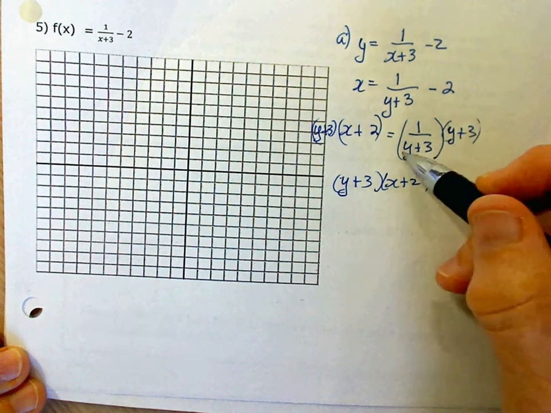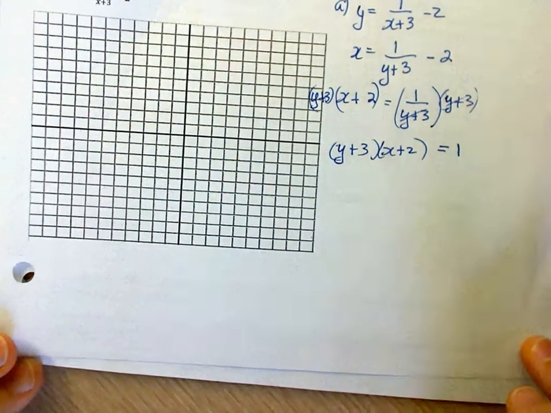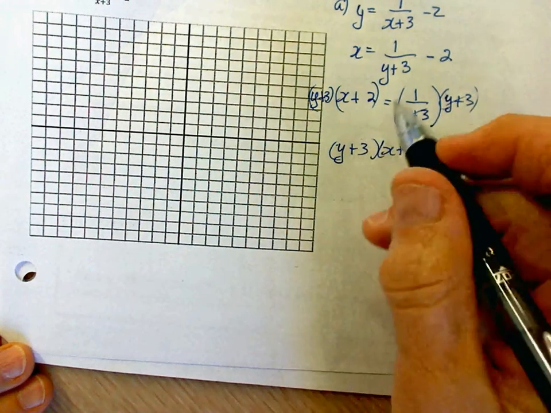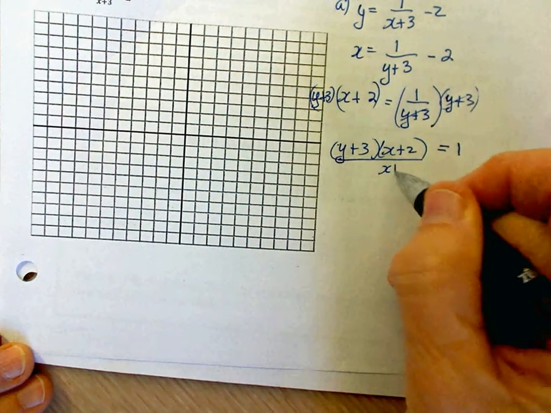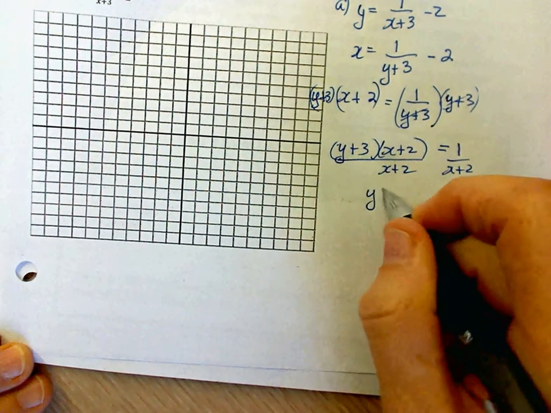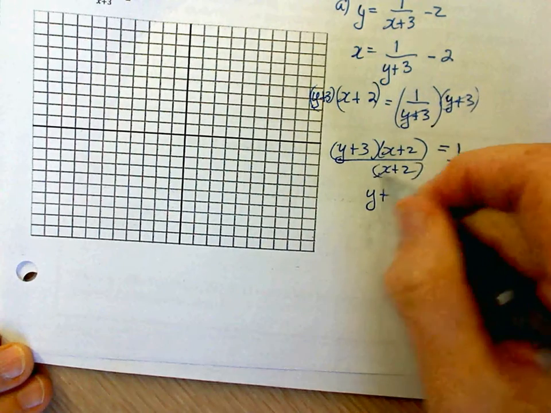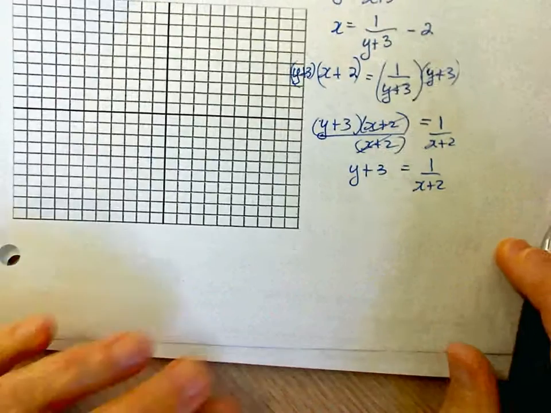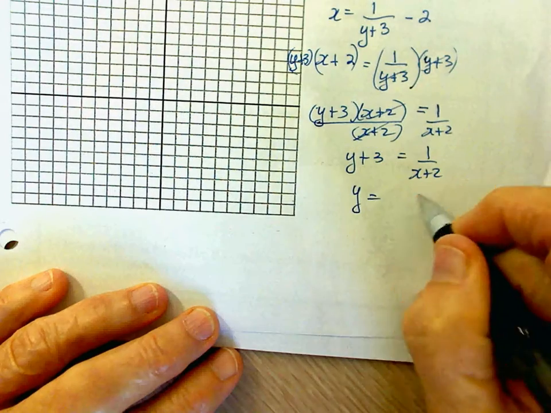Now we have to solve for y. So we're going to divide both sides by x plus 2. So we have y plus 3 equals 1 over x plus 2. Y equals 1 over x plus 2 minus 3.